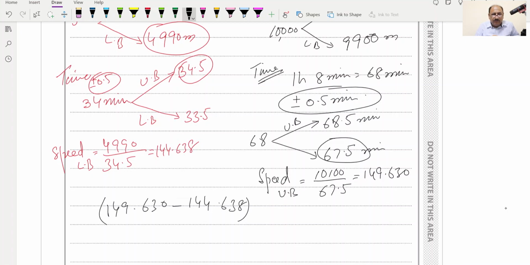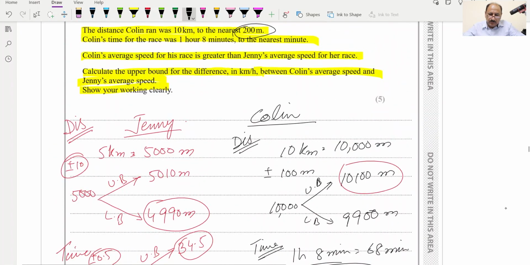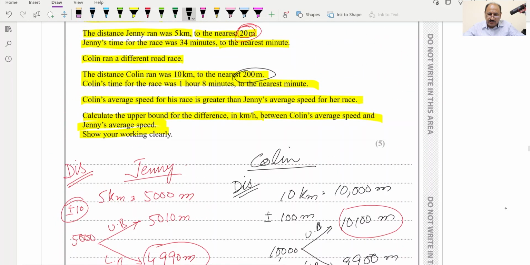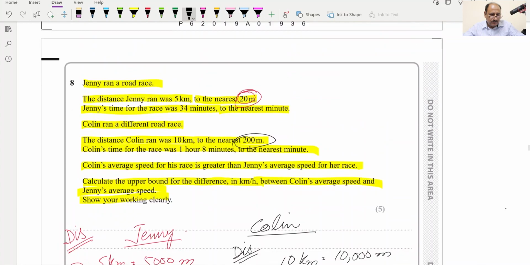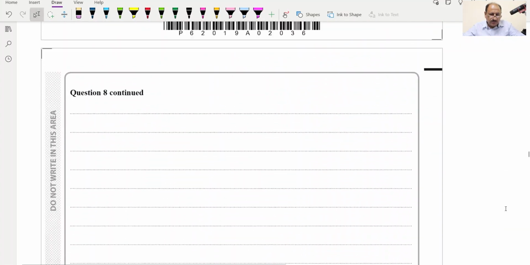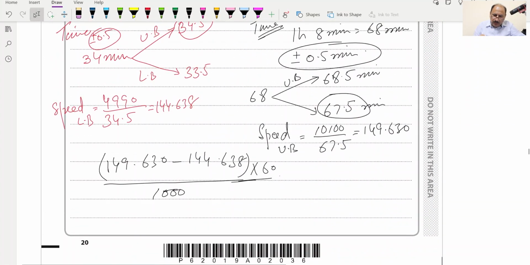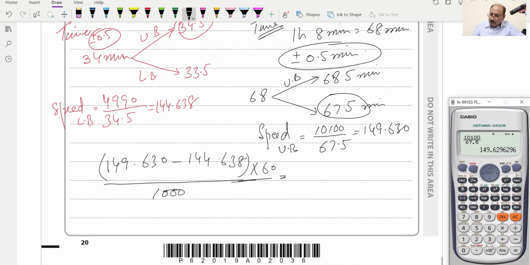So we will divide it by 1000 to get kilometers and multiply it by 60, because the answer required is in average speed, in proper units.